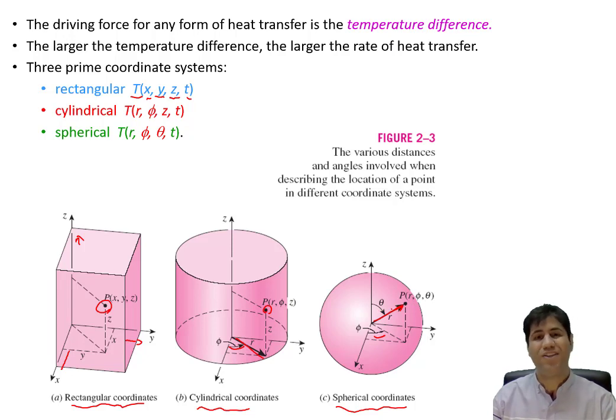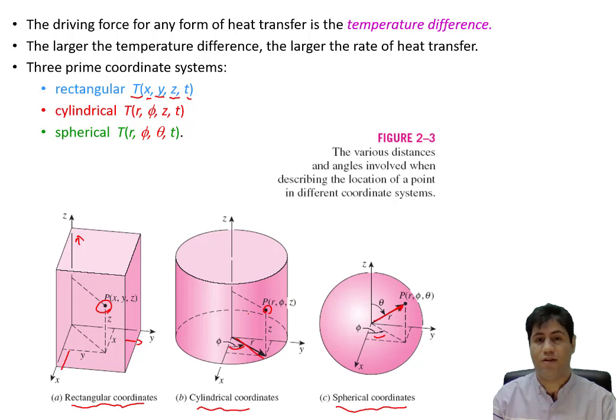But in our calculation for heat transfer, mainly we use different coordinate systems to simplify our calculation. So we usually don't need to calculate r, phi, and theta based on x, y, z. However, we always can calculate them, but usually we just use these three coordinate systems based on the geometry of the object for which we are going to find the heat transfer.